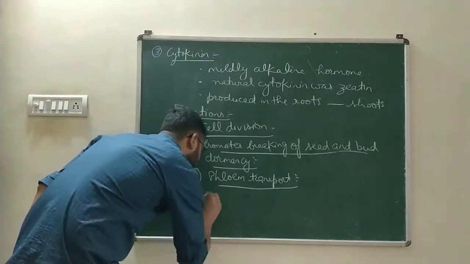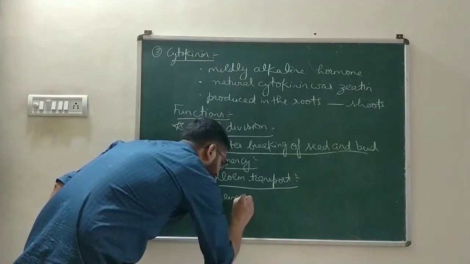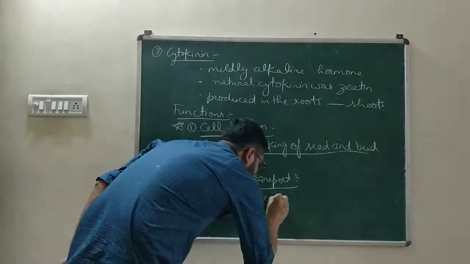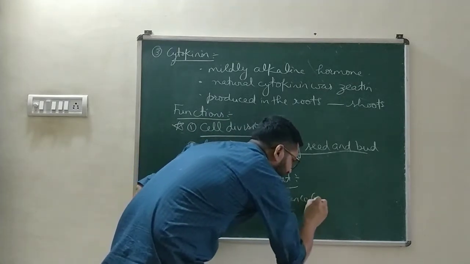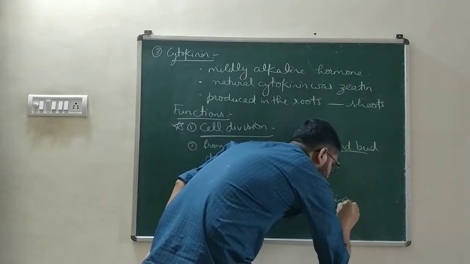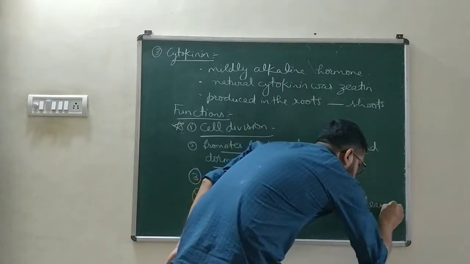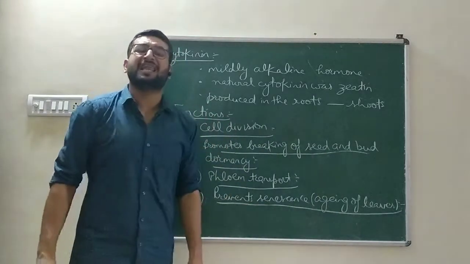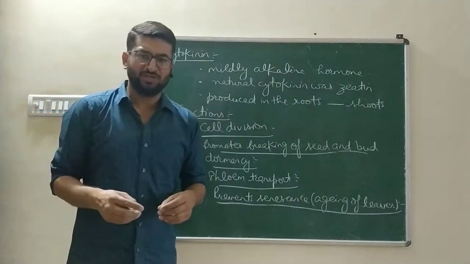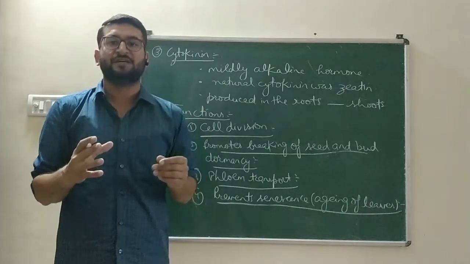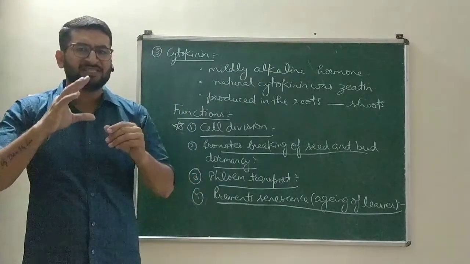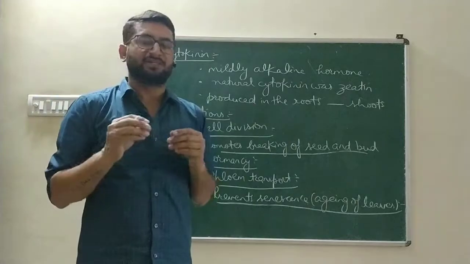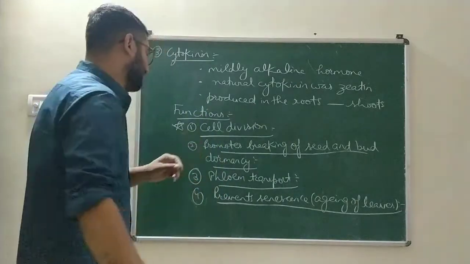Next, it prevents senescence. What is senescence? Aging of leaves. It does not allow the leaves to wilt, to shred off easily. ये leaves को जल्दी से wilt सूखने नहीं देता और इसकी वजह से leaves जल्दी से गिरते नहीं.